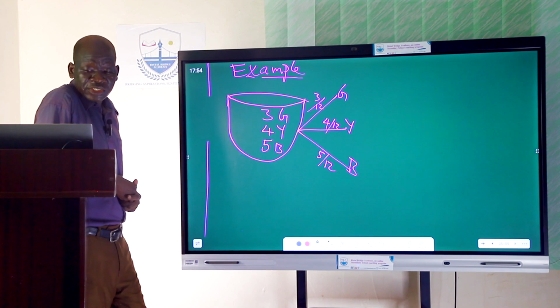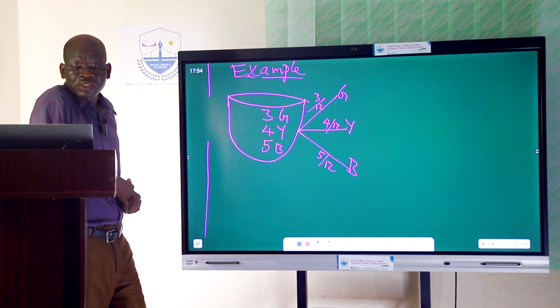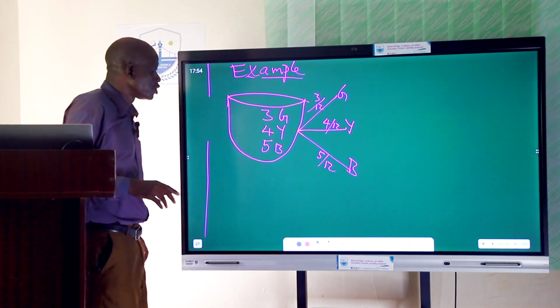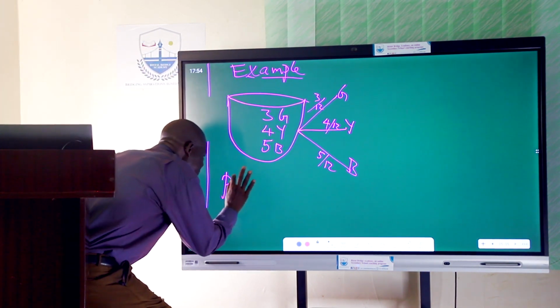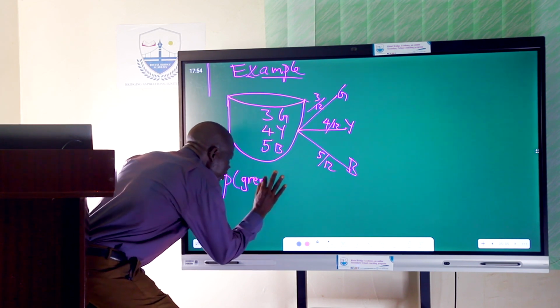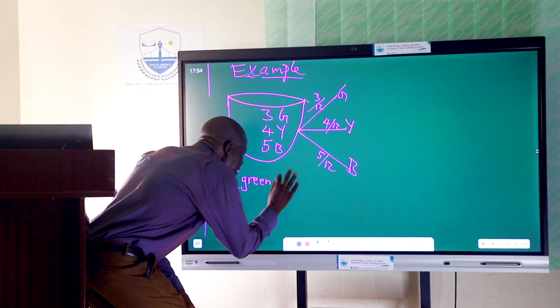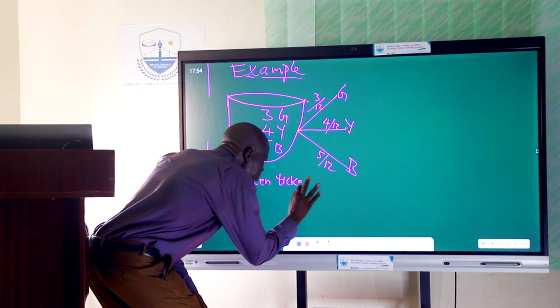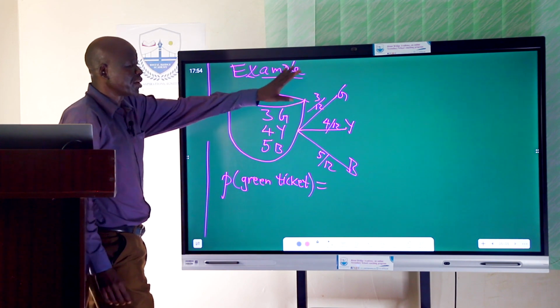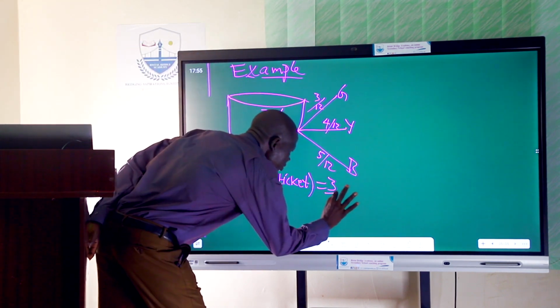The question says, determine the probability of getting a green ticket. So we say probability of getting a green ticket is equal to, the answer is already there, which is 3 over 12.